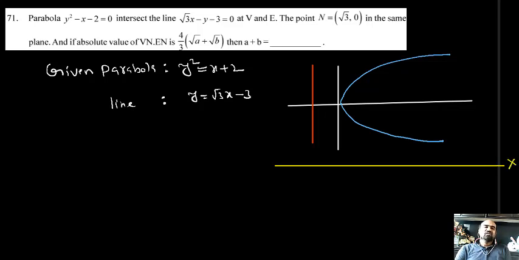Now the line y equals root 3 x minus 3 intersects the parabola at V and E. I will draw that.